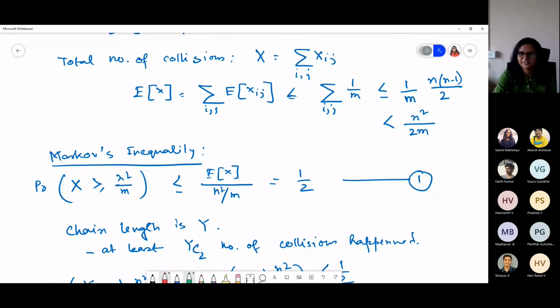Like here, I did it as n into n minus 1 by 2, but I could have directly written it as n by m, right?